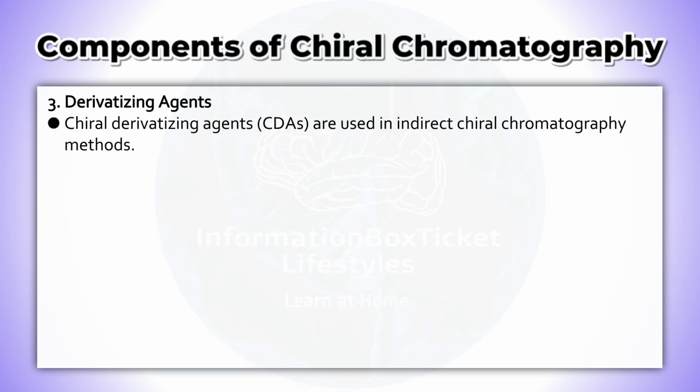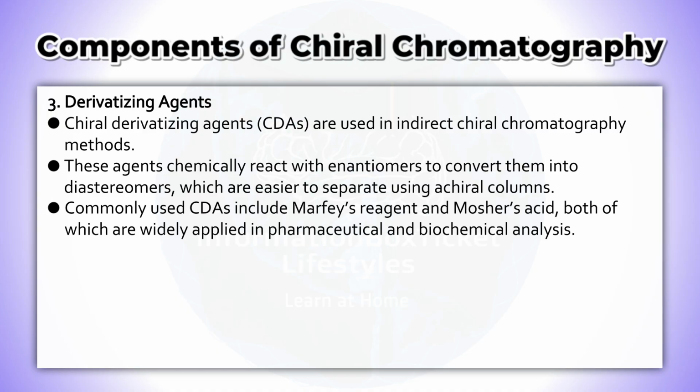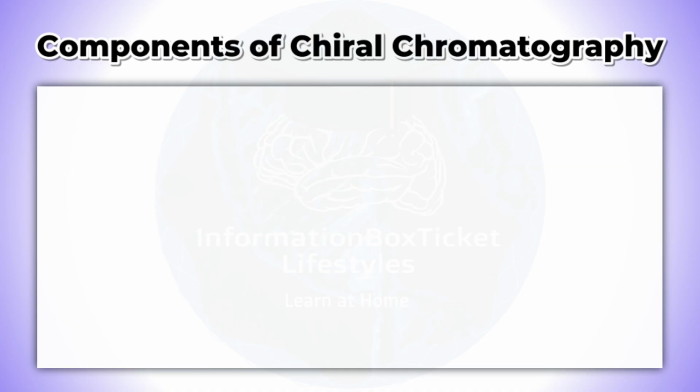Chiral derivatizing agents, CDAs, are used in indirect chiral chromatography methods. These agents chemically react with enantiomers to convert them into diastereomers, which are easier to separate using achiral columns. Commonly used CDAs include Marfey's reagent and Mosher's acid, both of which are widely applied in pharmaceutical and biochemical analysis.